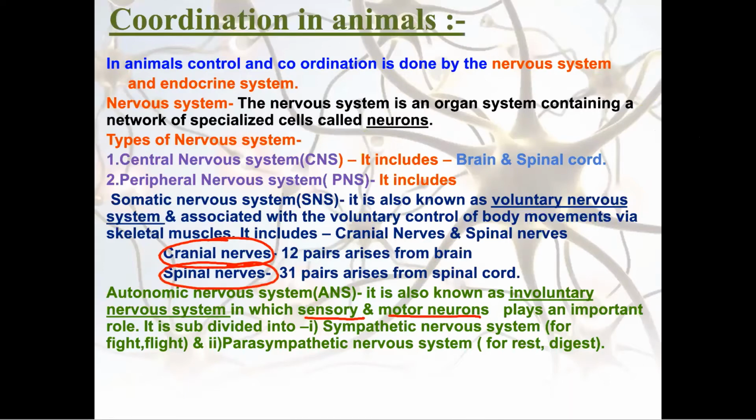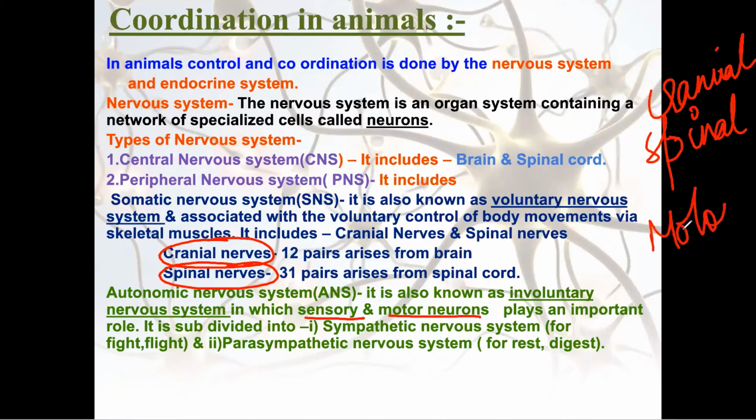The first one is the cranial nerve, the one that arises from the brain. Then is the spinal nerve, the one that arises from the spine. Then motor nerve and sensory nerve.